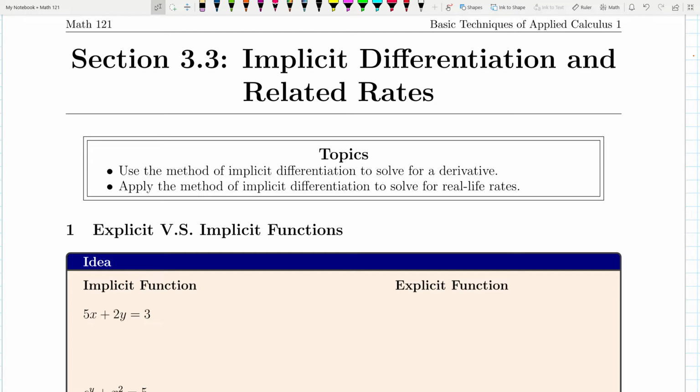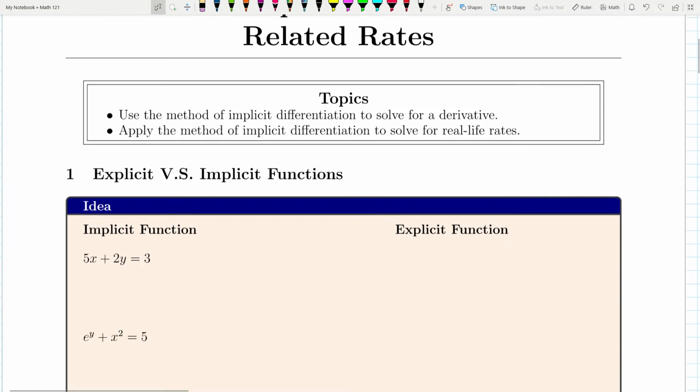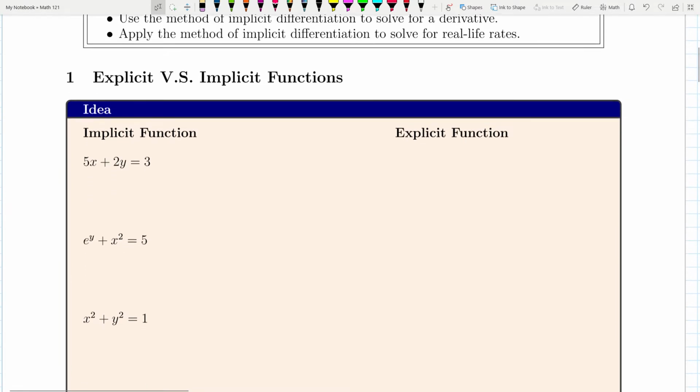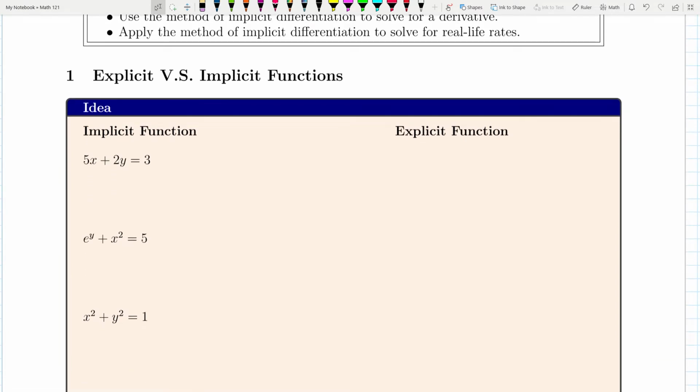Before discussing the method of implicit differentiation, let's have an idea of what an explicit function is versus an implicit function. Here on the left part of this box, I have a few implicit functions. What do we mean by implicit function? An implicit function is a function that is not solved for the dependent variable.